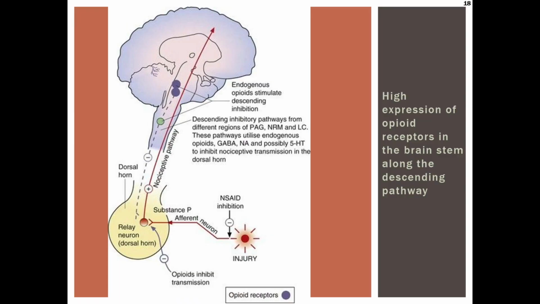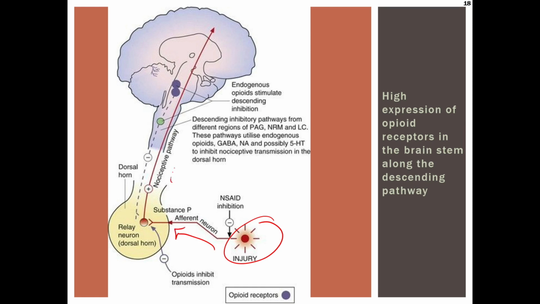Lastly, we're going to talk about pain circuitry in the brain. This is the conduction from the spinal cord up into the actual brain for processing. And so, as we've said, there's peripheral injury that sends information in an afferent neuron into the spinal cord.